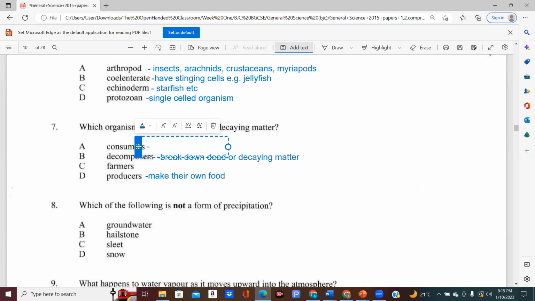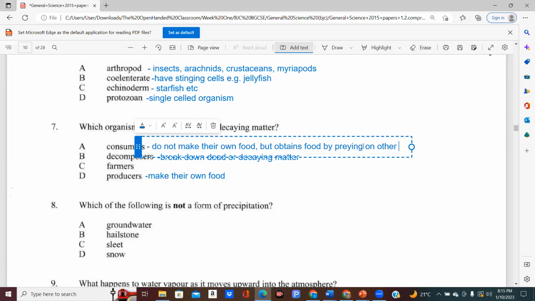So they do not make their own food, but obtain food by preying on other organisms.